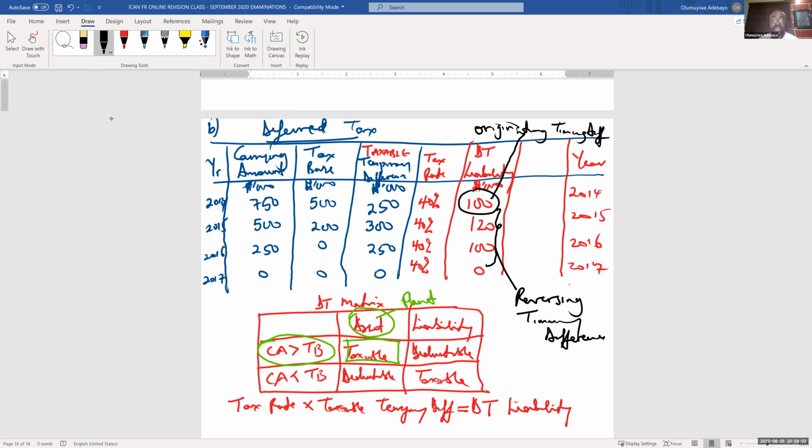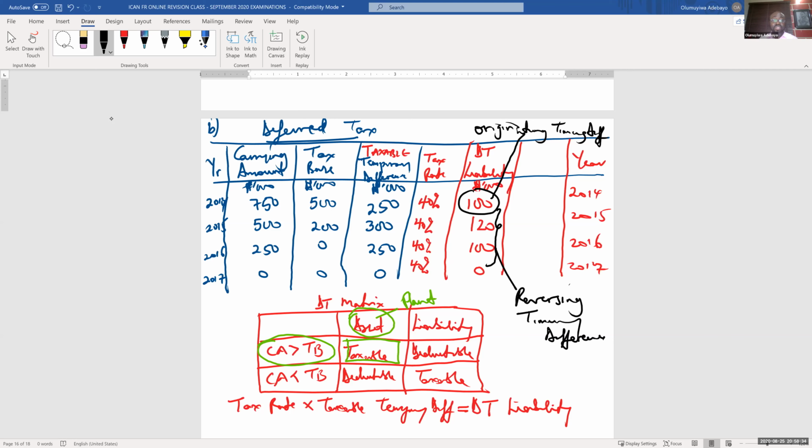And this temporary difference is as a result of the timing of recognition of an item between when financial reporting principle requires a recognition and when tax laws or requirements require that recognition. You find out that the same cost of asset of 1 million was required to be depreciated over 4 years on a straight line basis, whereas the same 1 million is recognized to be allocated by way of capital allowance for 3 years.